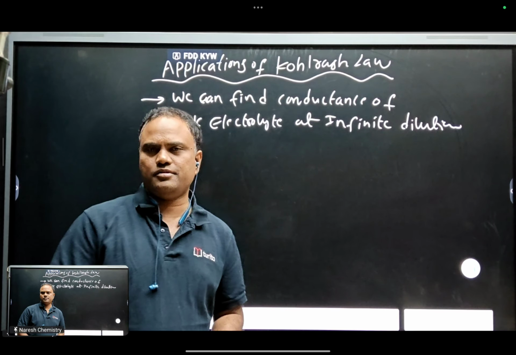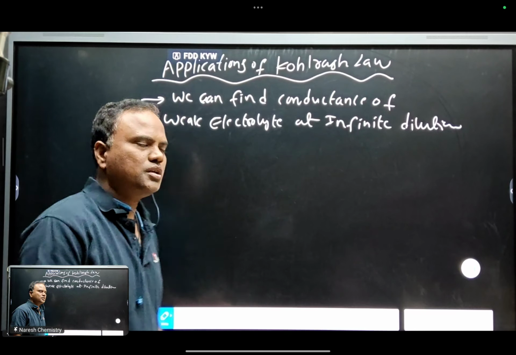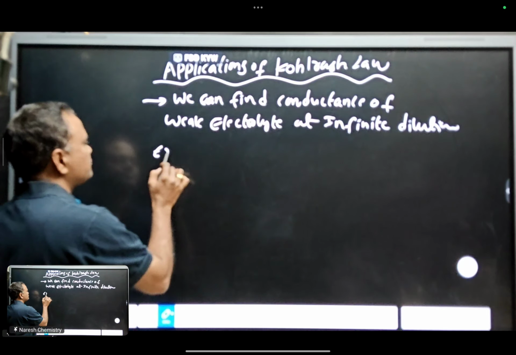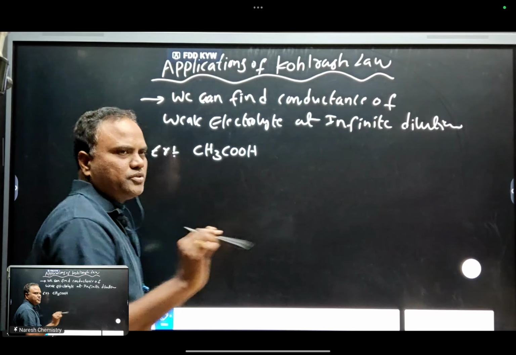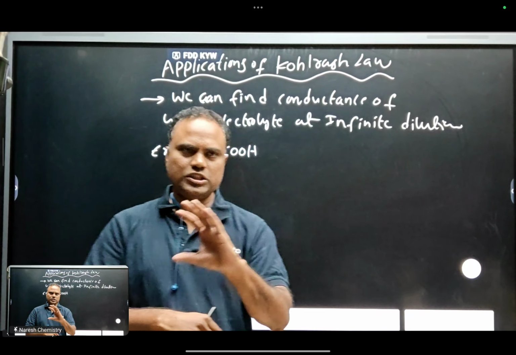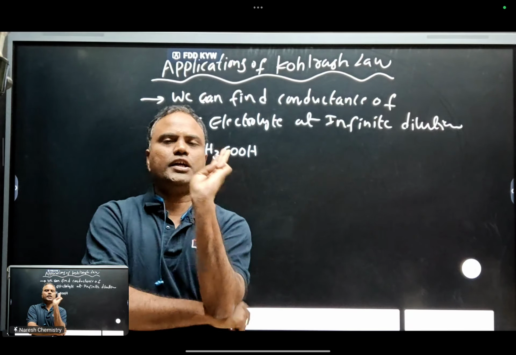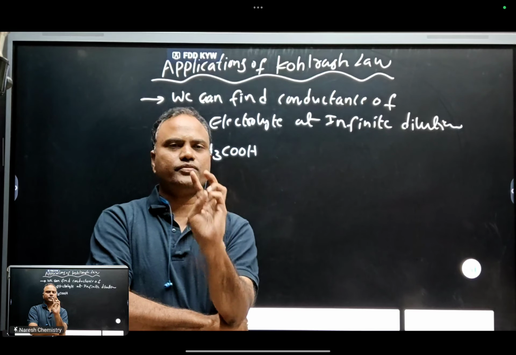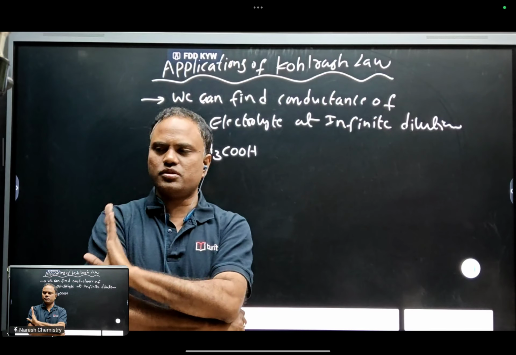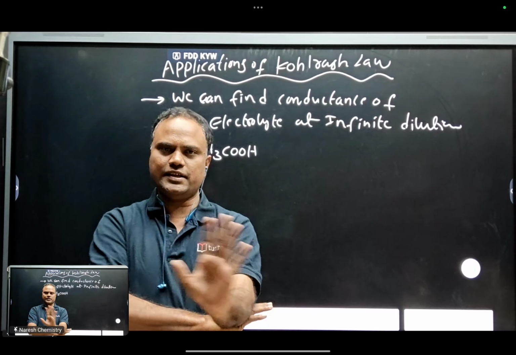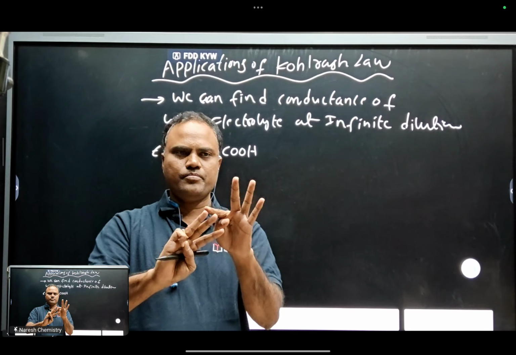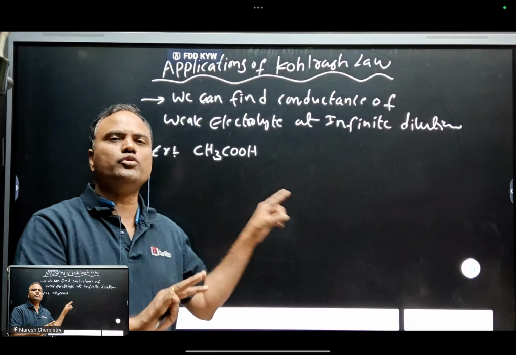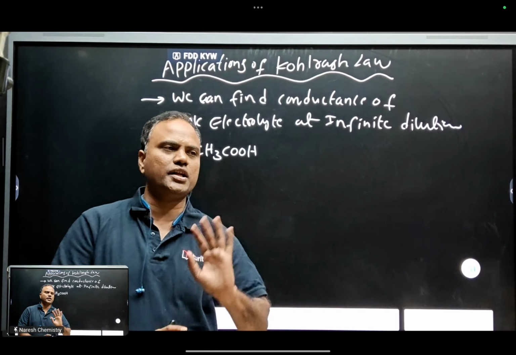Example for weak electrolyte: take acetic acid. See the procedure, how the question will come. In the question, you will get conductance data of three strong electrolytes. You need not remember any data; you will get the data. You have to find the conductance of a fourth electrolyte, and the fourth one will be the weak electrolyte.